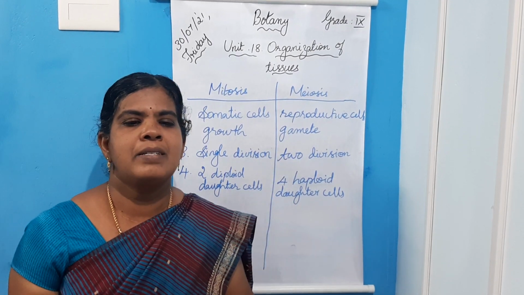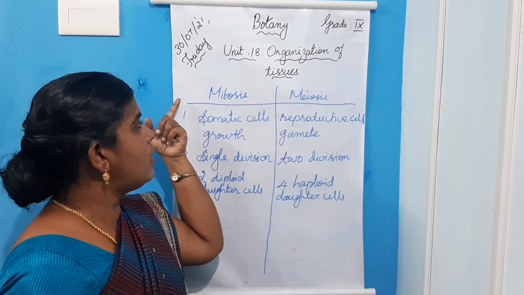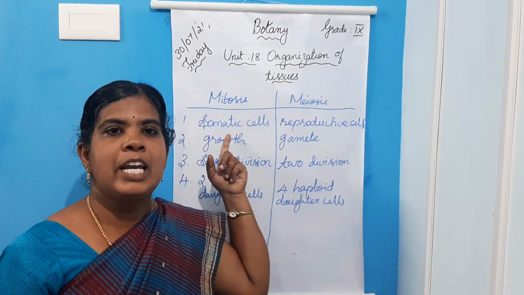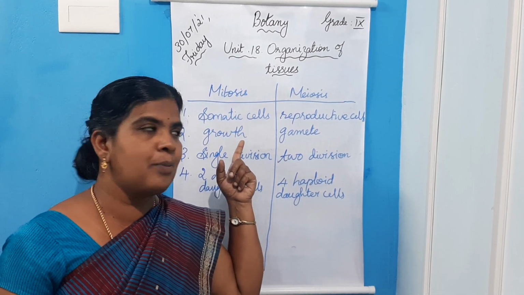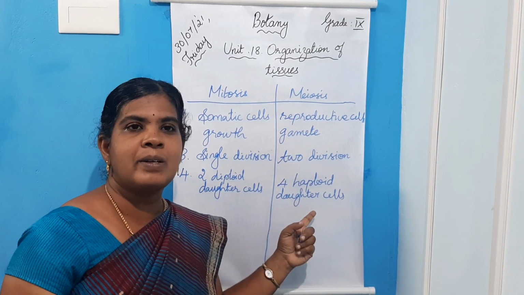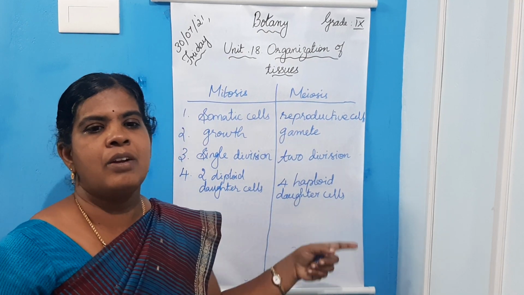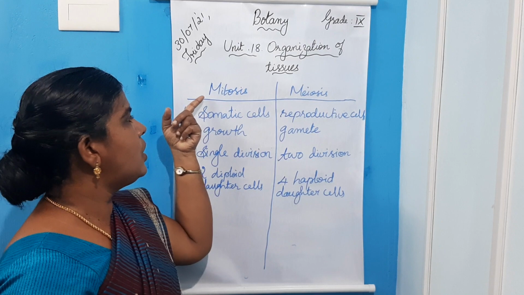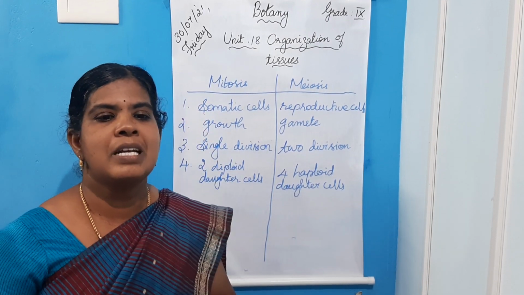The next difference is that mitosis is also called equational cell division, and meiosis is also called reduction division. Why are we calling mitosis the equational division?